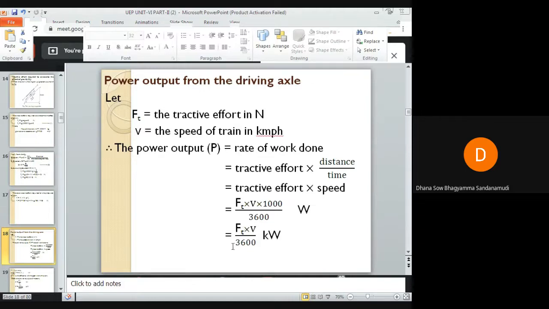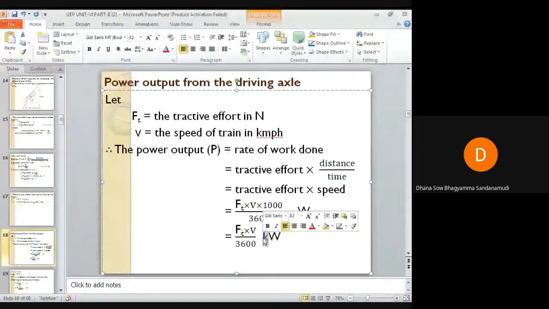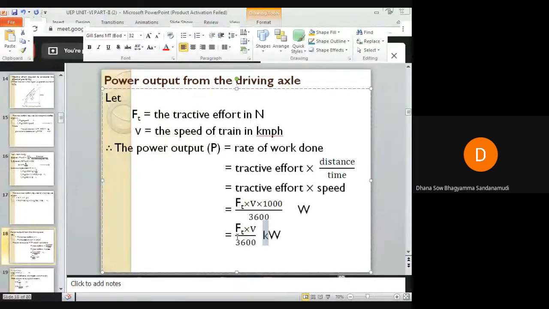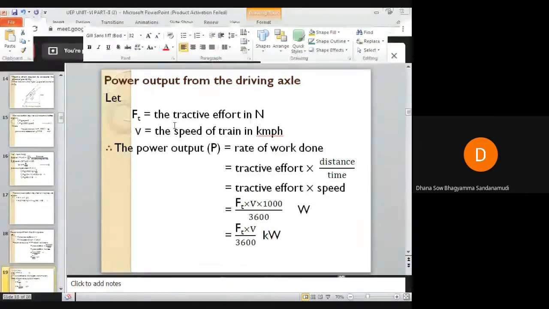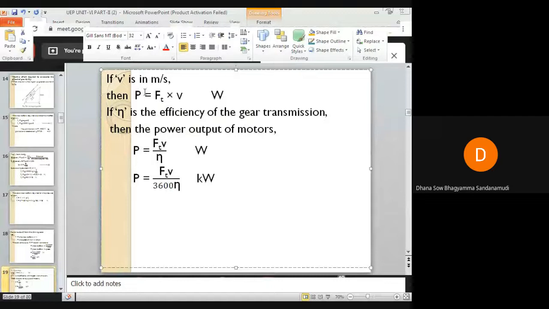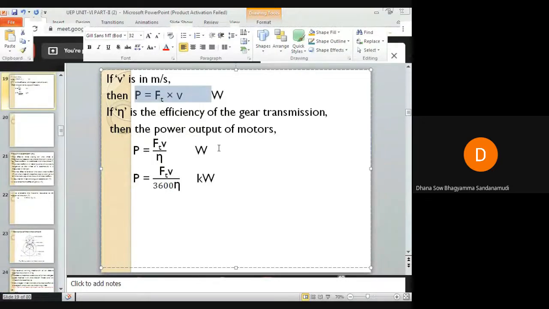So you can neglect this 1000 by 3600 here, and you will get P is equal to Ft into V watts. I'm neglecting that 1000 by 3600.